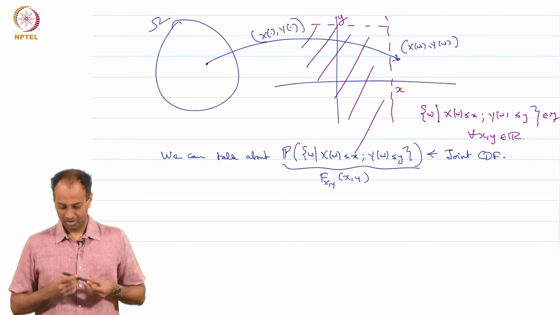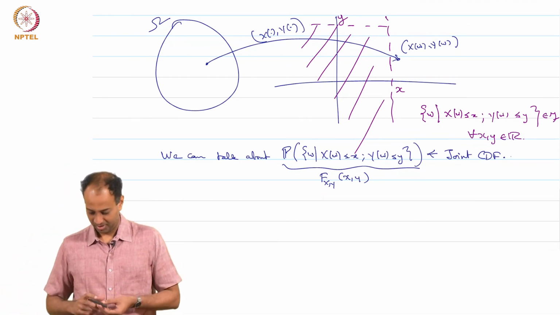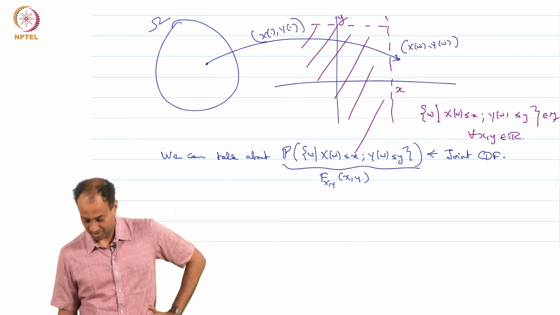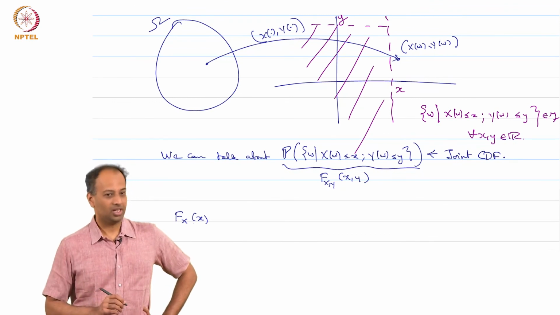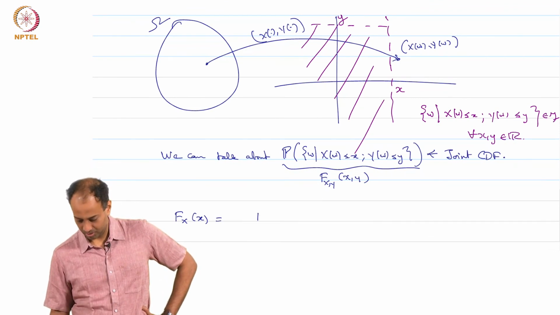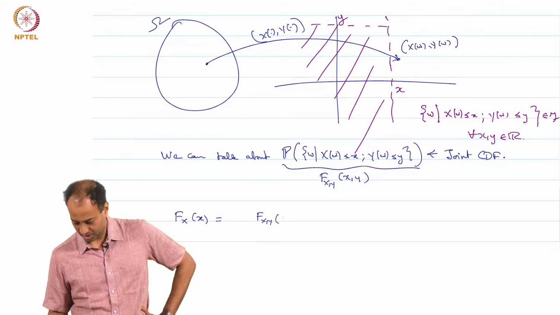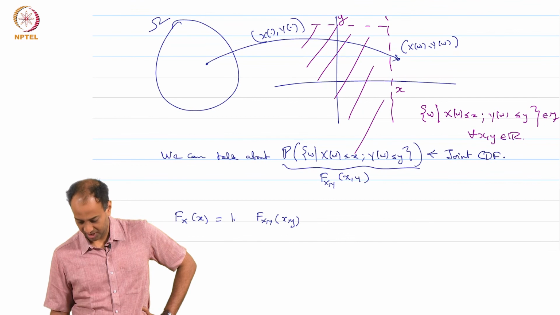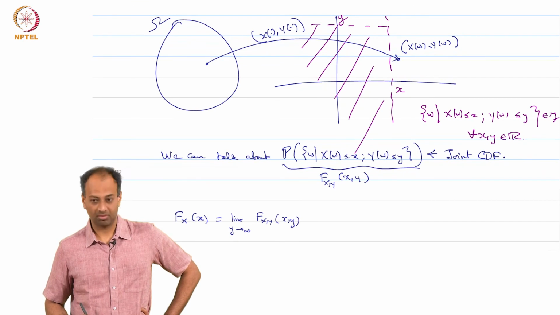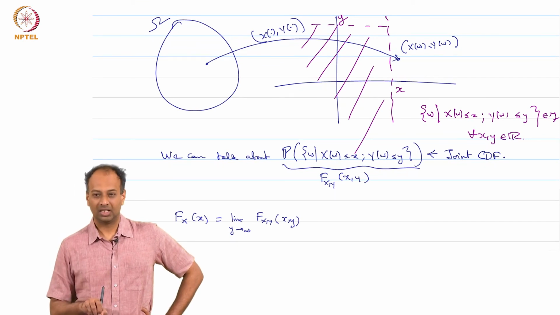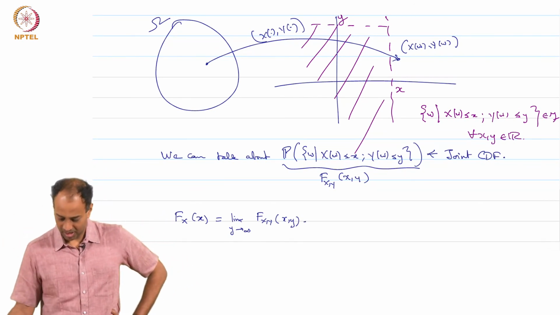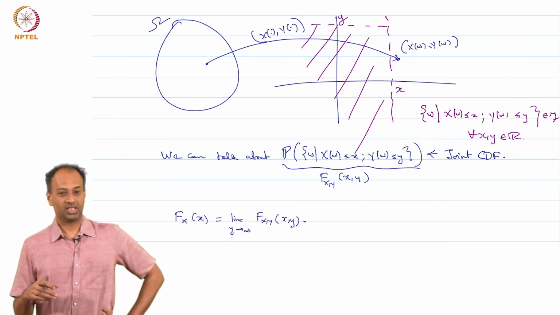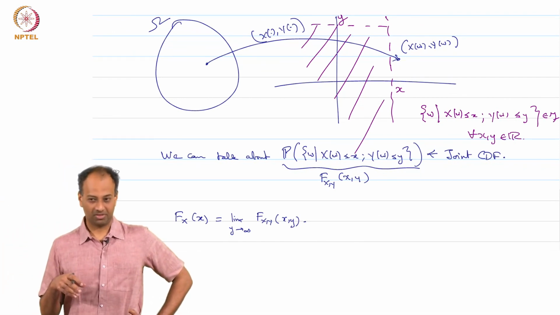If you want to calculate F x of x, just the marginal CDF of x, you take F x comma y of x comma y and send y to infinity in the limit. Then you will get the marginal of x, and similarly if you want the marginal of y, send the other variable x to infinity. So, given the joint CDF, you can always recover the marginal CDF.